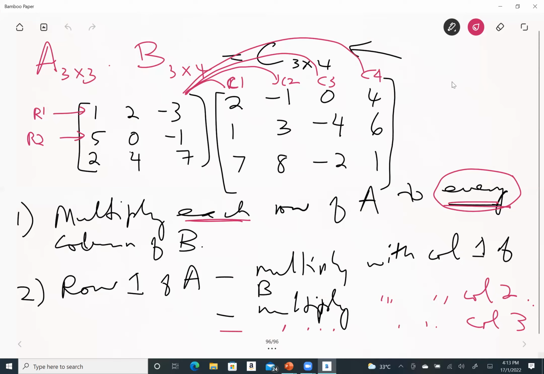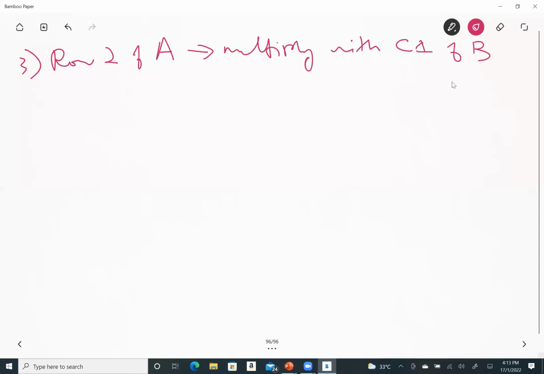So number 3, you consider row 2 of A. And then what you do? You multiply with column 1 of B, and then multiply column 2 of B, column 3 of B, column 4 of B. All right, so that is by order.